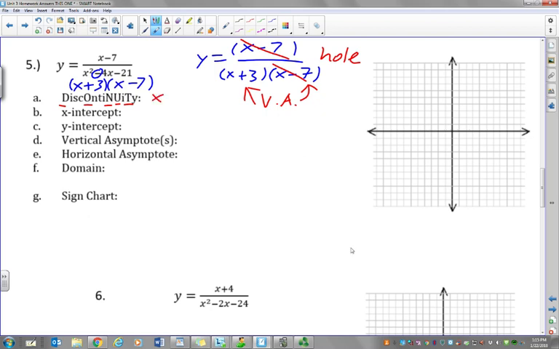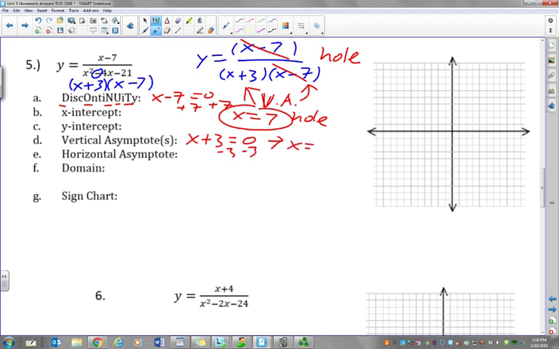So we are going to have a hole at x minus 7 set equal to 0. Add 7 to both sides, so we have a hole at x equals 7. Now the other one, x plus 3, will in fact be the vertical asymptote. So we set the bottom equal to 0, subtract 3 from both sides, and we get x equals negative 3 for our vertical asymptote.